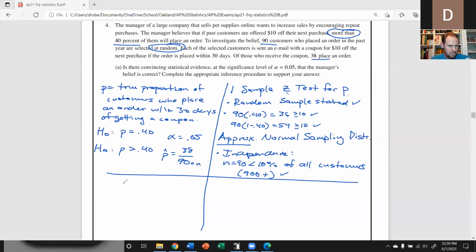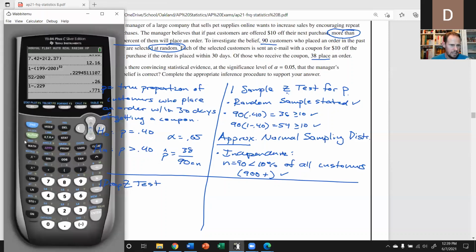All right, now we're going to actually do the test. So it's a one prop Z test on our calculator, so we don't need to show work. We can just do it right on our calculator. Stat, test, one prop Z test, number 5.